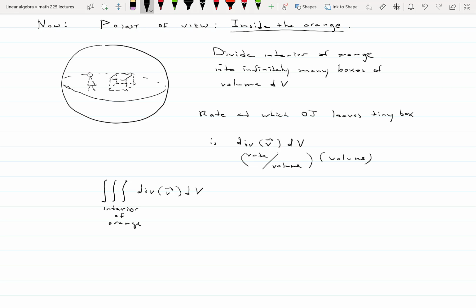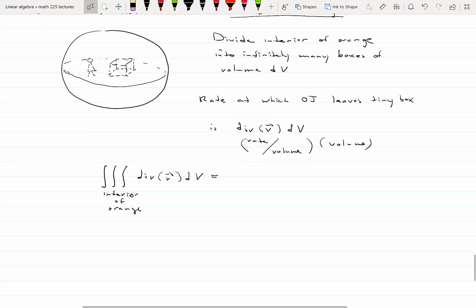So when she sums up all those rates, that should give you the net rate at which orange juice leaves the interior of the orange.